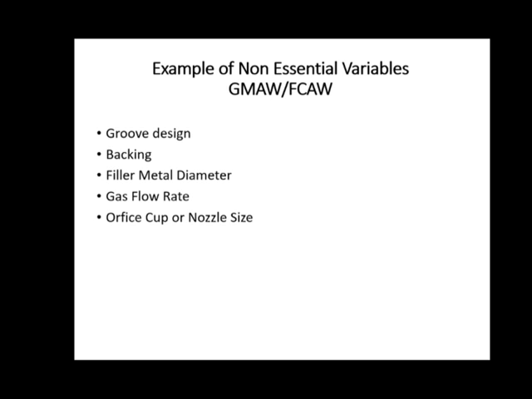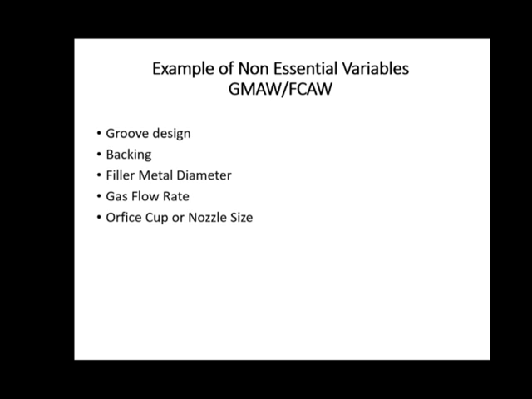Backing, same thing. If I use backing or don't use backing, they don't care. I need to address it, but it's not affecting the composition or the mechanical properties of the weld metal being deposited in that weld joint. Same with filler metal diameter.